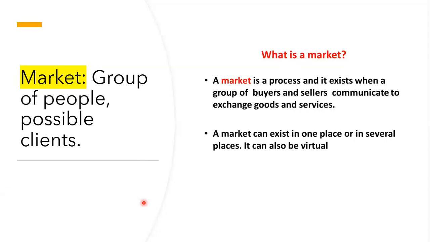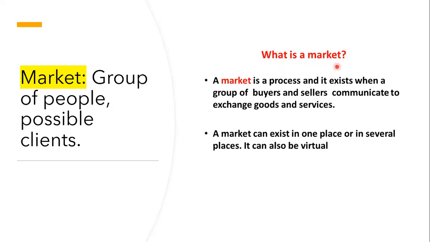We're not talking about the place. It can be a place, yes, like a supermarket, like a store, like a shop. But remember that during an investigation, market is your possible clients, possible users, or your actual users or customers.